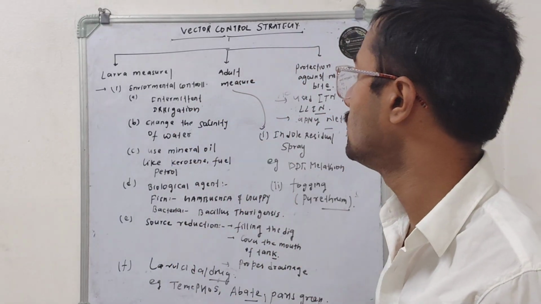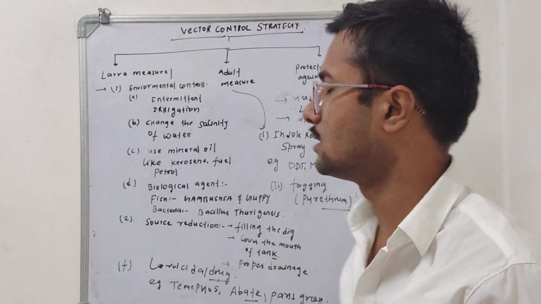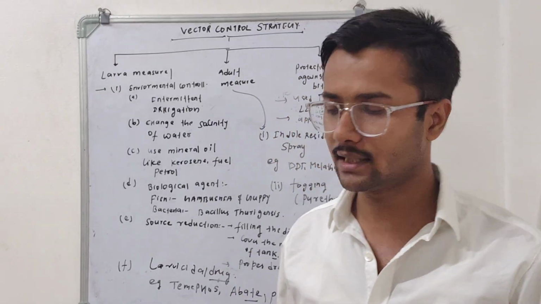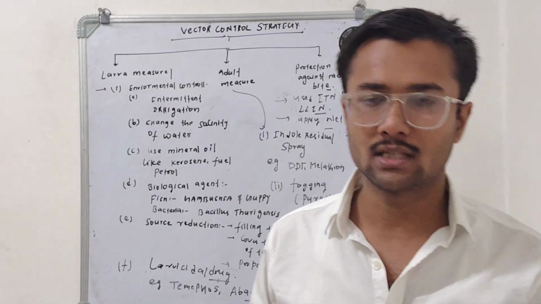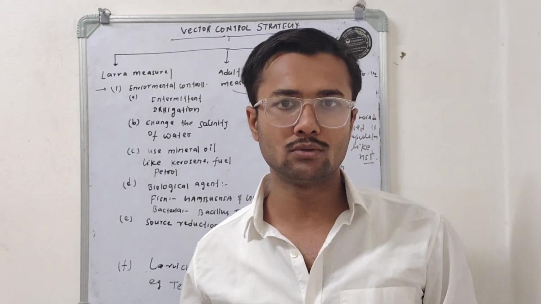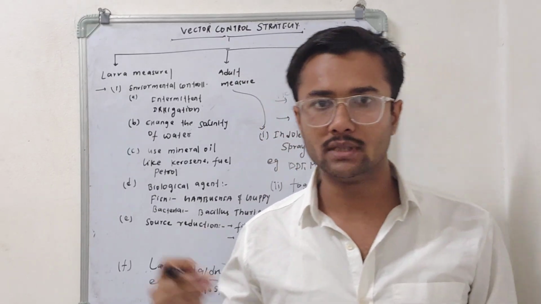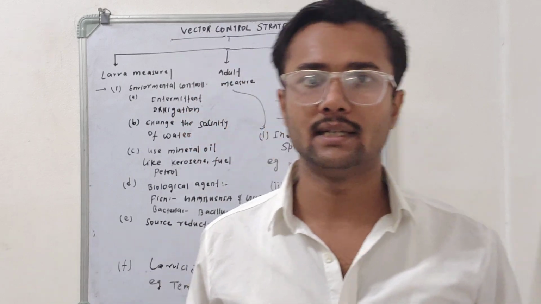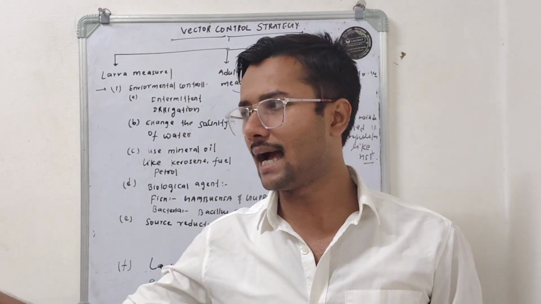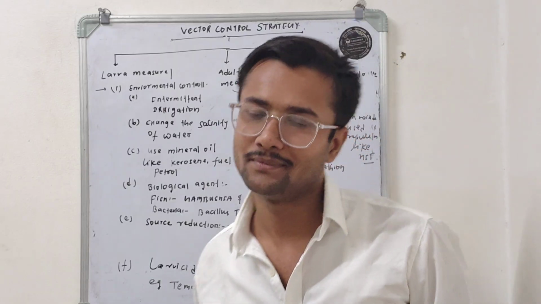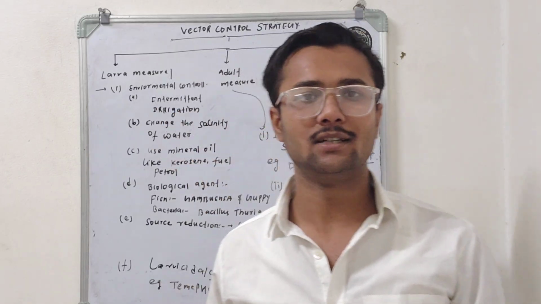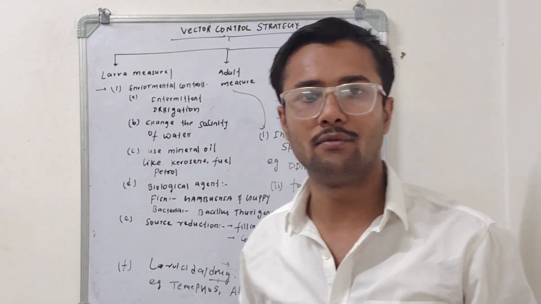The first thing is intermittent irrigation. What is the meaning of this intermittent irrigation? This intermittent irrigation is applied in rural areas. What are we doing in this intermittent irrigation? Basically we humbly ask the farmer, sir, don't fill your field full of water.